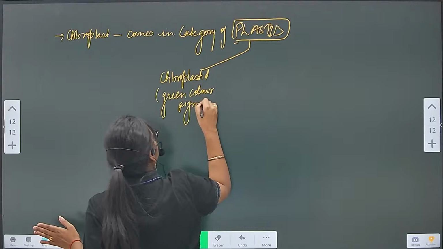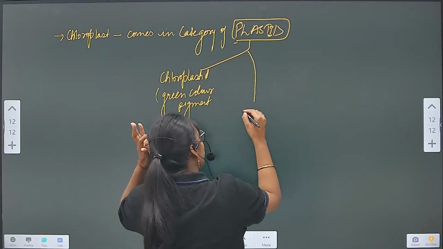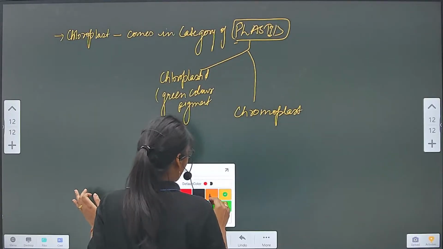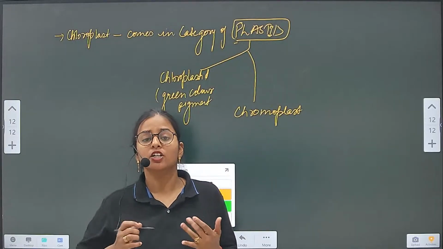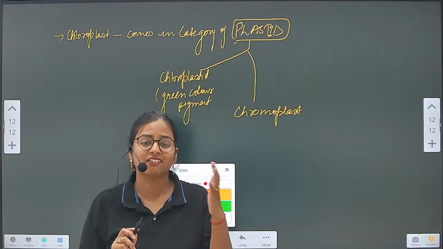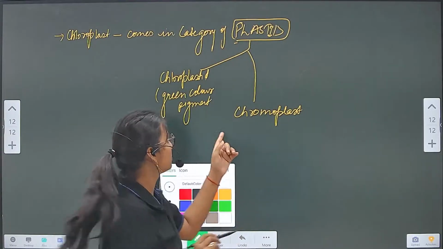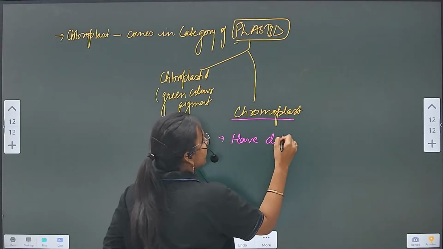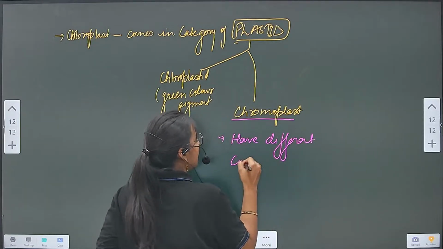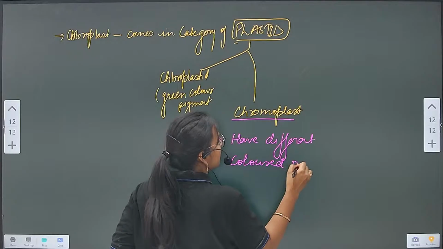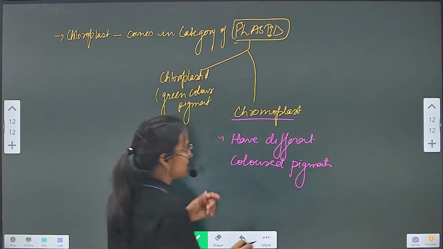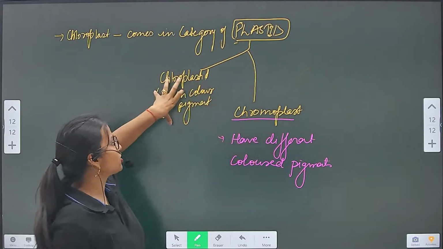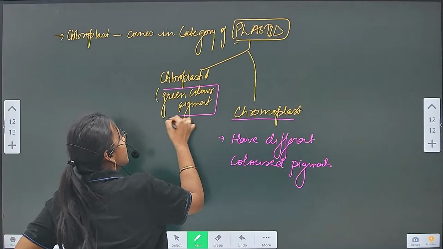Another, the second type, is the chromoplast, which consists of several other color pigments which are responsible for the colors of flowers like red, blue, orange, etc. So chromoplasts have different colored pigments, and we can consider them similar to pigment-containing plastids. Chloroplast is also pigment containing, but it contains the green color pigment, that is why it is important.